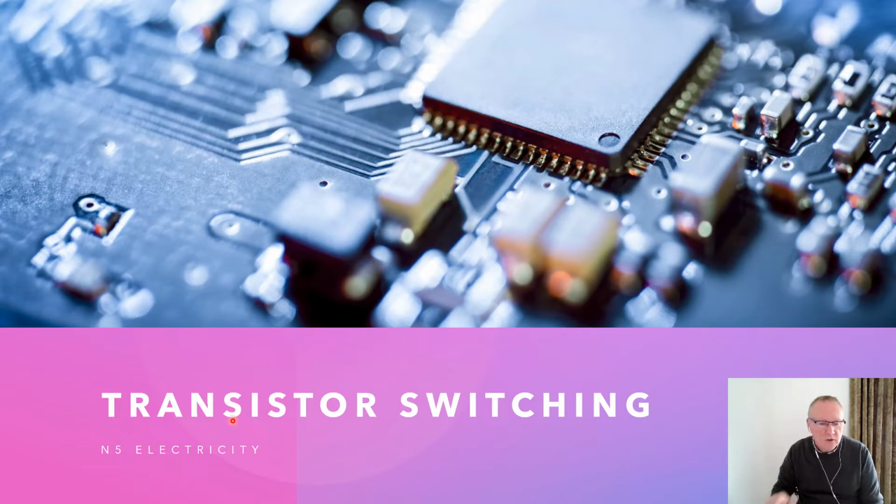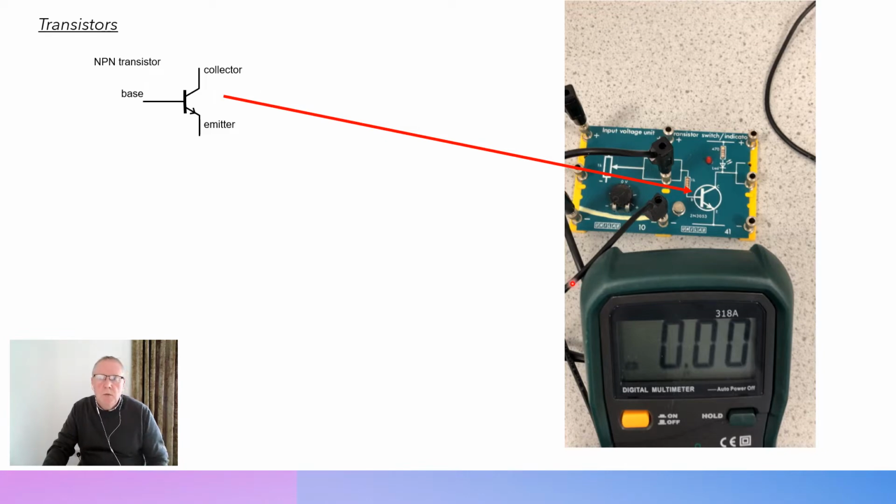So it's about transistor switching circuits, building on from the previous videos about sensing circuits, building on voltage dividers, and all of the other stuff above that. So what we need to learn about today is a component called a transistor.